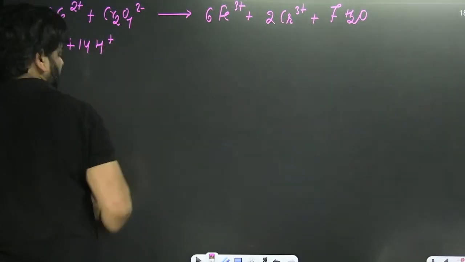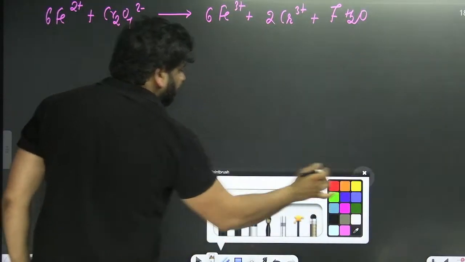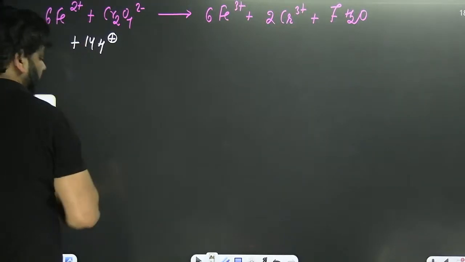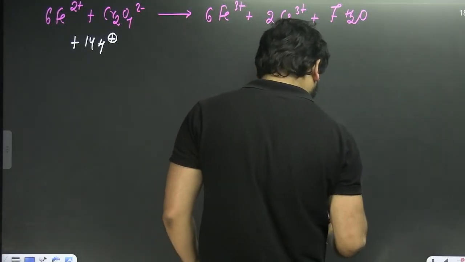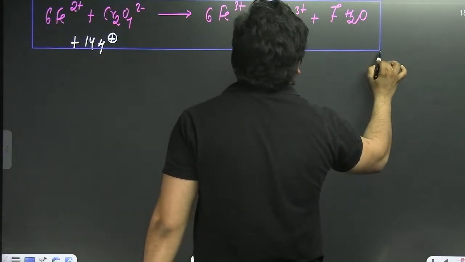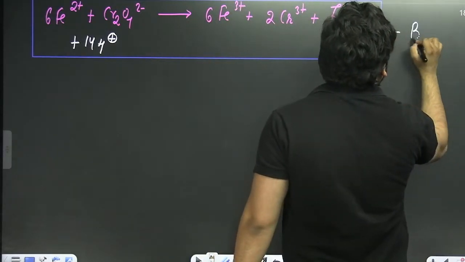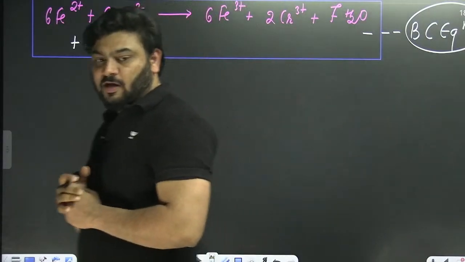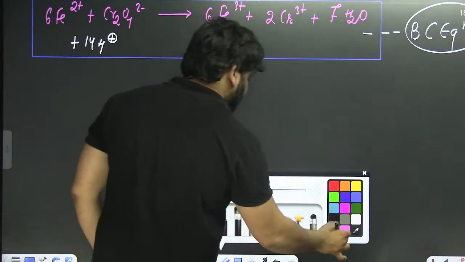Believe me, right after adding this extra term of 14H plus, this has become your balanced chemical equation. But what we are doing here is balancing it in acidic conditions, right?